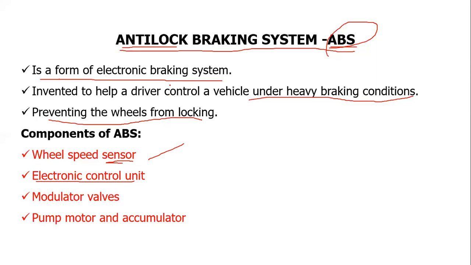In an electronic braking system, the electronic control unit comprises a sensor, valves, motors and accumulators. These are the major components. Once again, I will repeat: wheel speed sensor, electronic control unit, which is also called ECU, modulator valves, pump, motor, and accumulator.